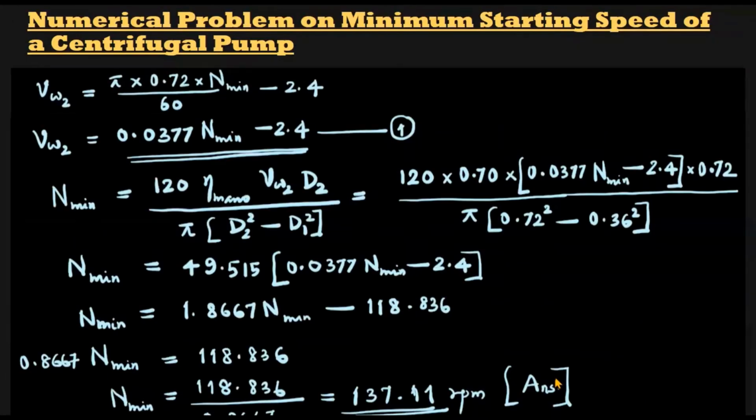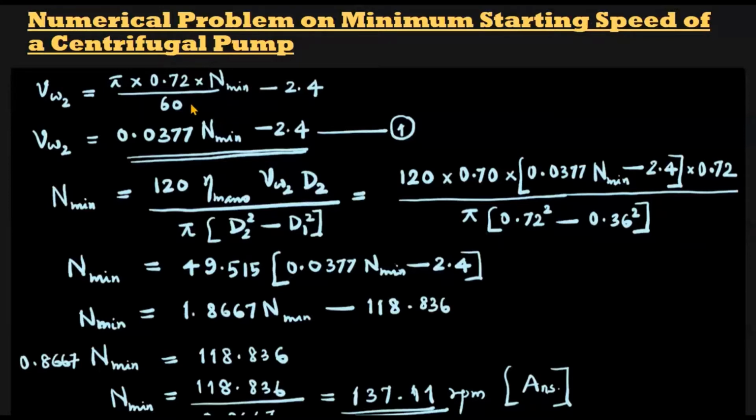Now what you're going to do is, see, this is the expression we obtained. VW2 is equal to U2 minus 2.4. And what is U2? U2 is pi d2n by 60, but in this case n happens to be n minimum.